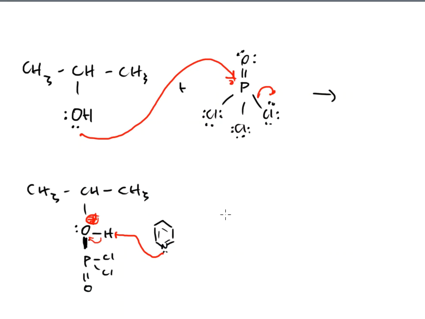And when that happens, we form another kind of middle step here. CH3, CH, CH3. And off of this now is just a full-blown O. No hydrogen involved anymore. It's gone. And that O is attached to a phosphorus, that's double bonded O with 2 chlorines out here.